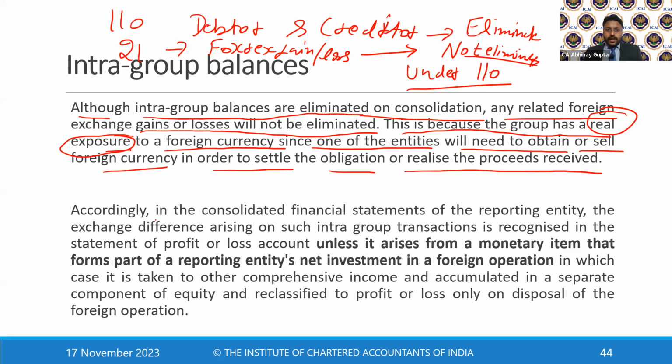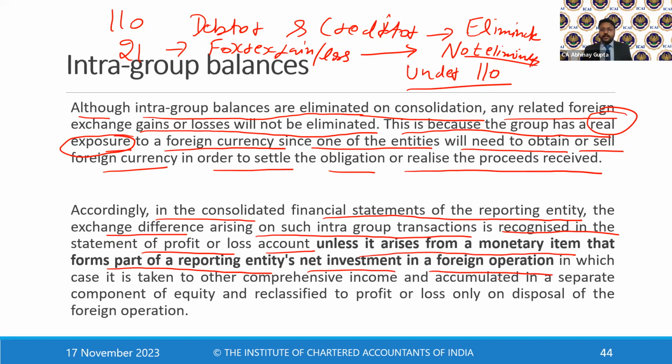Accordingly, while preparing the consolidated financial statements of the reporting entity, the exchange difference arising on such intra-group transactions is recognized in the statement of profit and loss unless it arises from a monetary item that forms part of the reporting entity's net investment in the foreign operation.